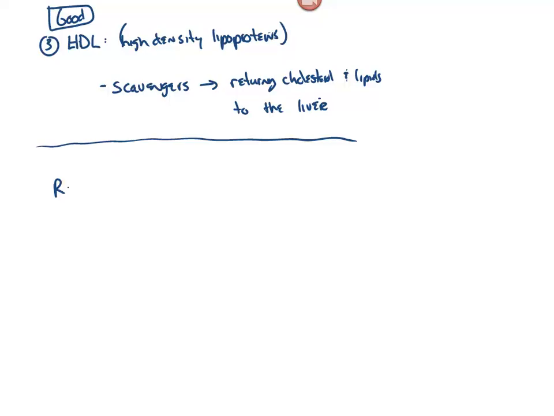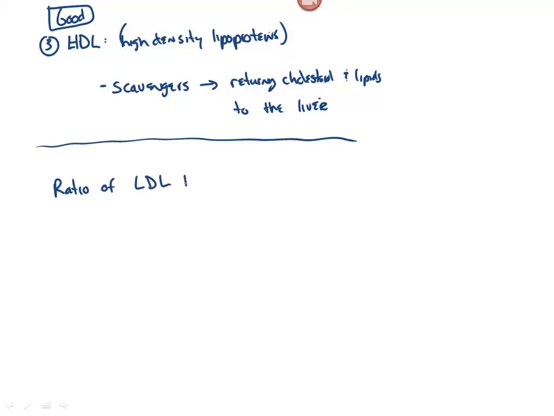but it's the ratio of LDL to HDL. What most studies show is that if I have high levels or a high ratio of LDL, then that leads to increased risk of heart attacks or atherosclerosis, I guess we could say it that way.